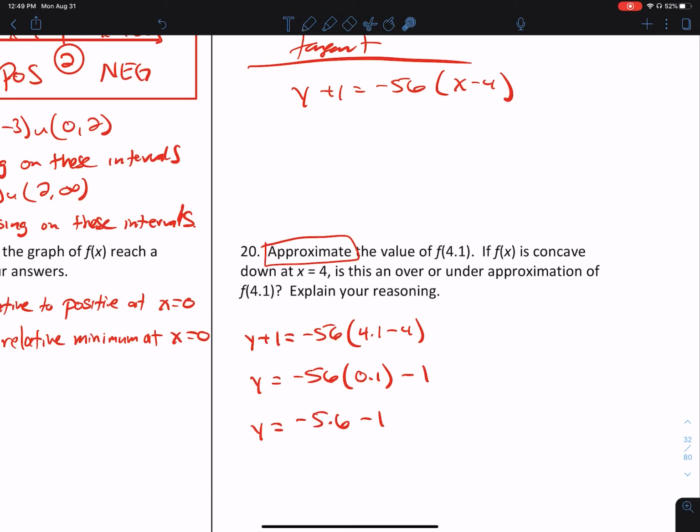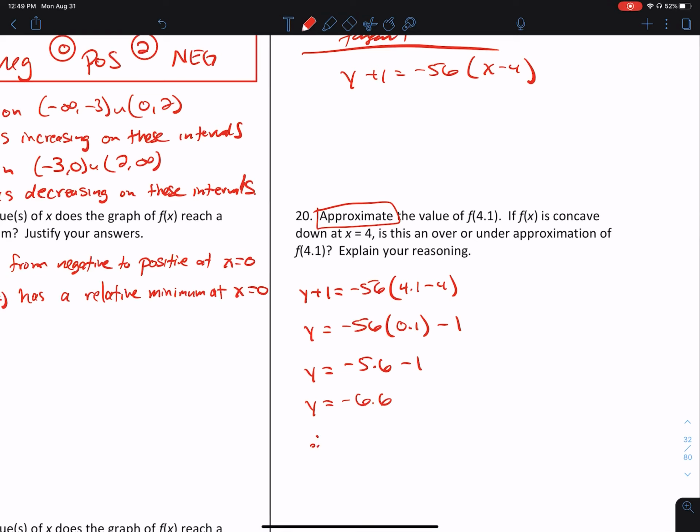And whenever you're multiplying 1/10 or 0.1 times something, it just moves the decimal point over one place to the left. So this is going to be -6.6. So f of 4.1 is approximately -6.6.